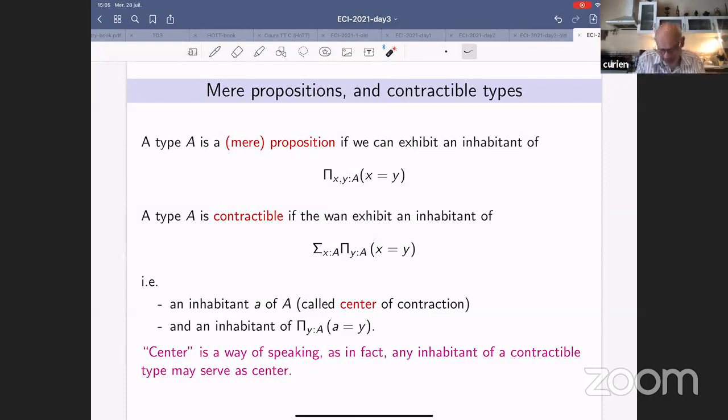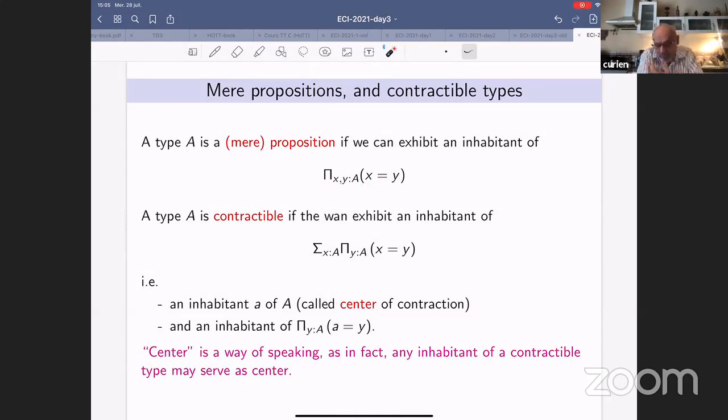That's the intuition, and then we will have theorems later. So a proposition is a type for which you can only discuss whether it is inhabited or not, because this states essentially that it cannot have more than one inhabitant in some sense.